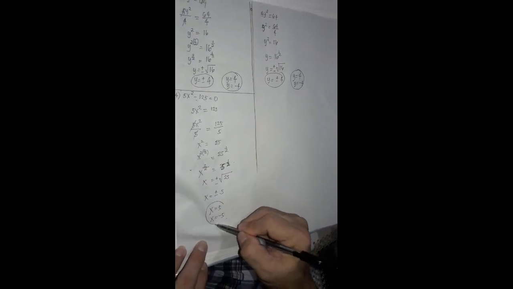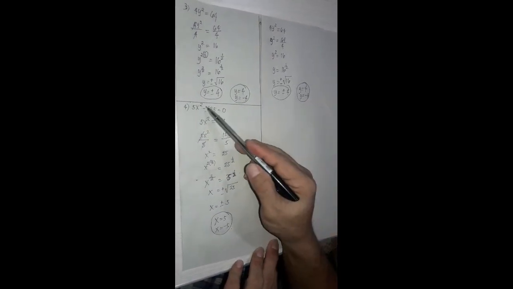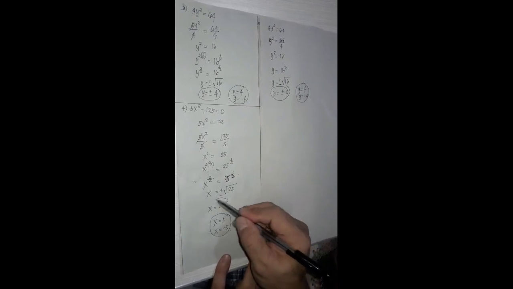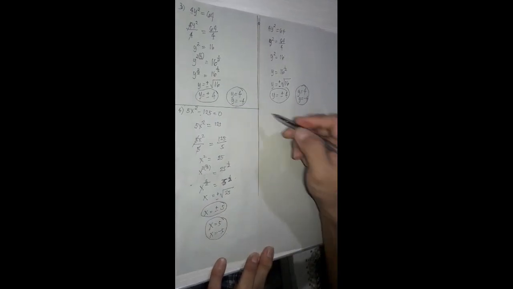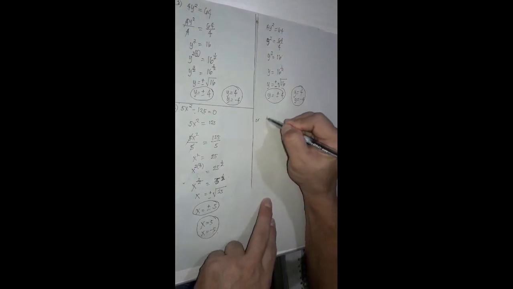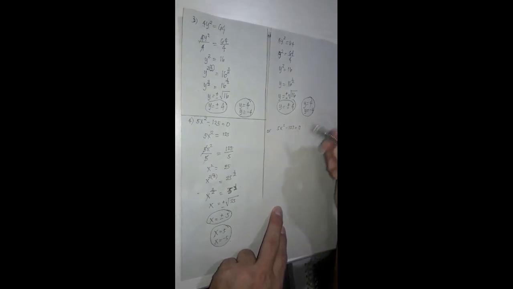So there are two roots for the equation 5x squared minus 125 equals 0. Okay. Or another, we have 5x squared minus 125 equals 0.